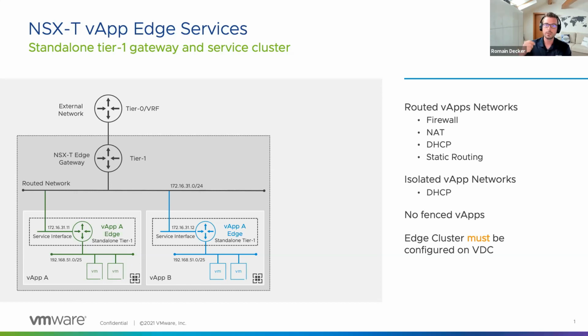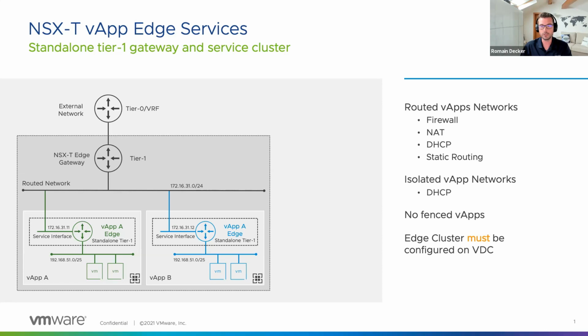It's basically an interface going from the SR component of the tier 1 gateway, so running on the edge node, and connecting to that ORVDC network. And using that, we have those tier 1 gateways that will act as a vApp edge.